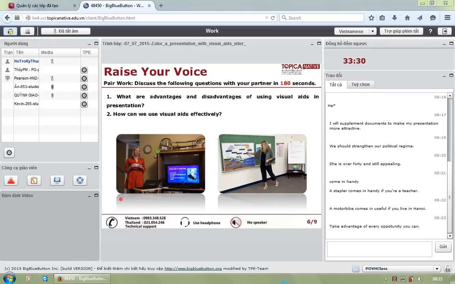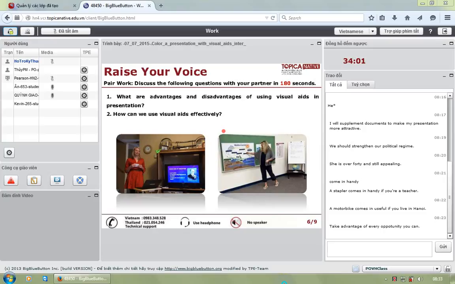Really, I think using visual aids has some advantages. I think first it's more attractive, because I like to see PowerPoint and pictures in front of the conference or the lecture of my professor at university.